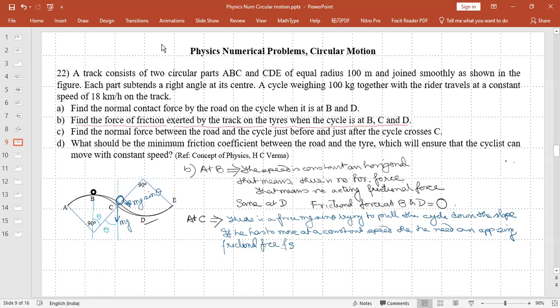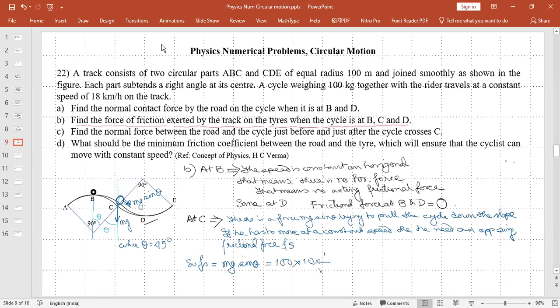So frictional force Fs is equal to mg sine theta, where theta is equal to 45 degrees by the diagram. This is equal to 100 multiplied by 10 into sine theta.